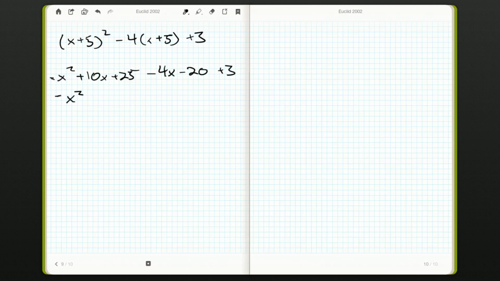That would have been x squared, and then 10x minus 4x, we would have had 6x. And at that point, we say, wait, this isn't the minus 14 that we need. Something has gone wrong. Our equation isn't matching up with their equation. Okay? So that's something we could have done.